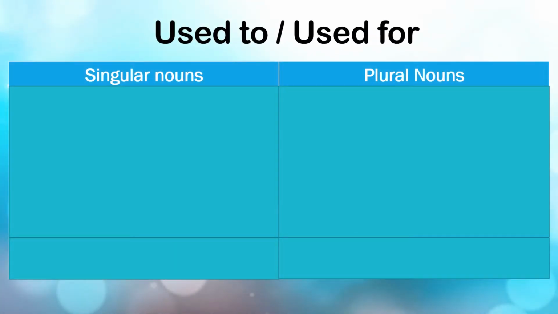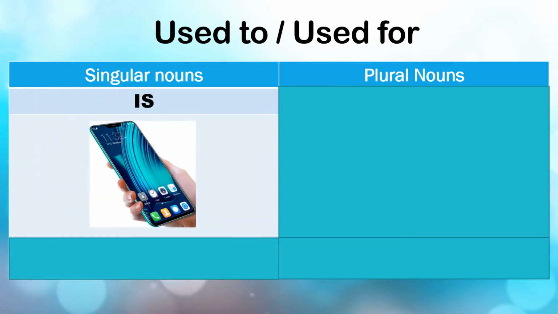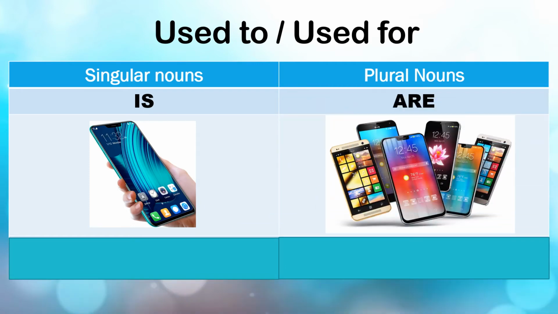Some details that we have to keep in mind is when we are describing the function of a singular noun or a plural noun. So in this case, if we have one cell phone, we're going to use the verb is. If we are talking about several cell phones, we're going to use are.